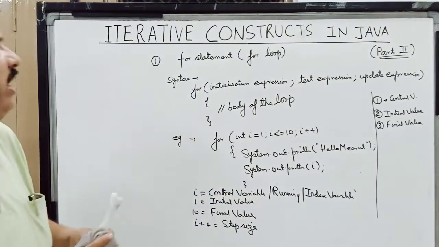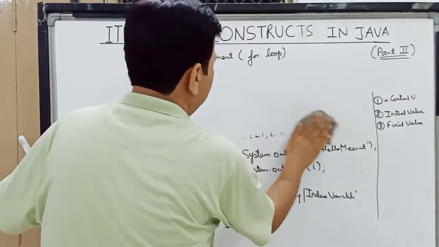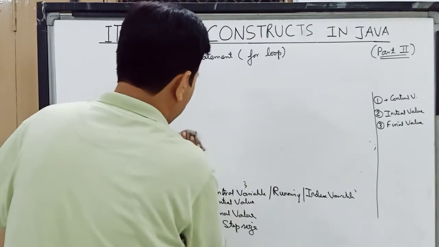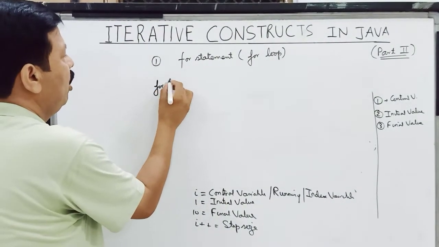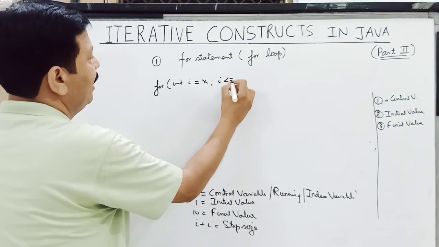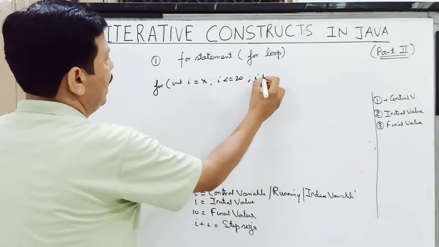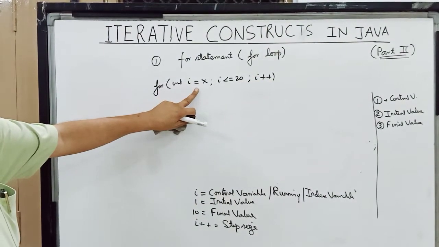I'm just going to show it with an example over here. So I'm just writing one example to show what I mean. So children, if I say for int I is equal to x, I is less than equal to 20, I plus plus, here I am taking the initial value as a variable.